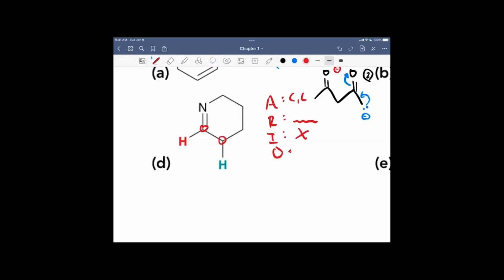No induction factors, we don't have any chlorines or bromines, but the orbitals are different as well. So how is this hydrogen different from this one? Because the red hydrogen is on an sp2 double bonded carbon, and the blue hydrogen is sp3. So that's one difference, but we didn't really check out the resonance.